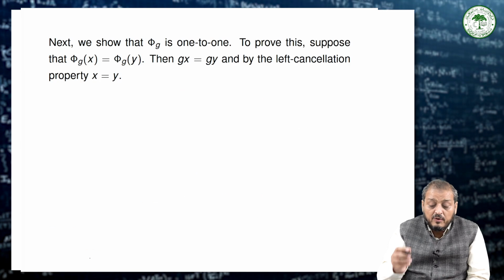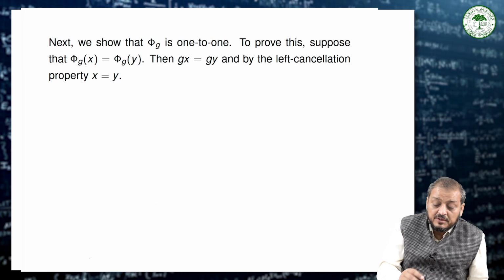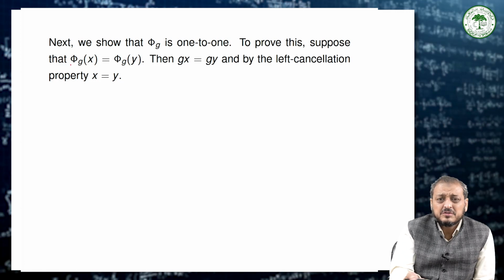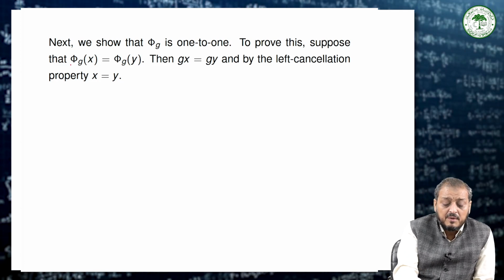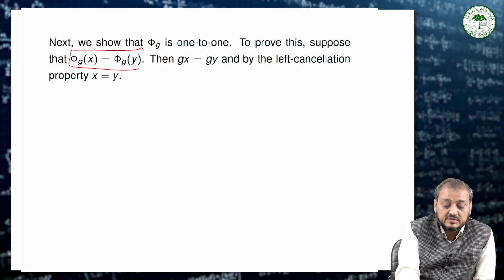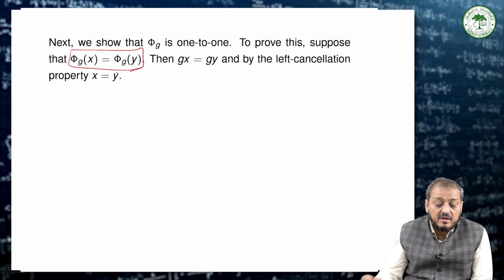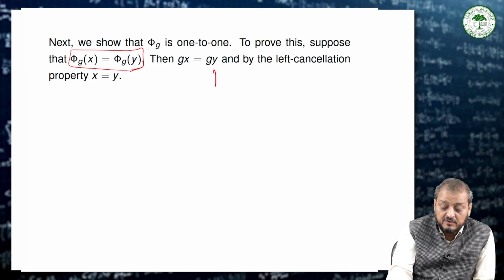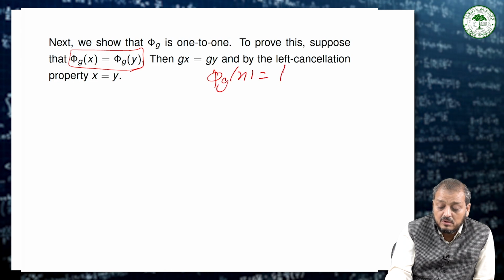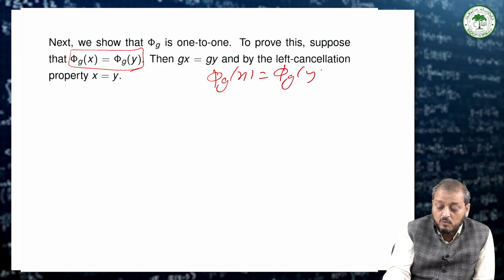Now we have to show that this map is also one-one. The proof is not difficult. For one-one, we take phi_a(x) = phi_a(y).